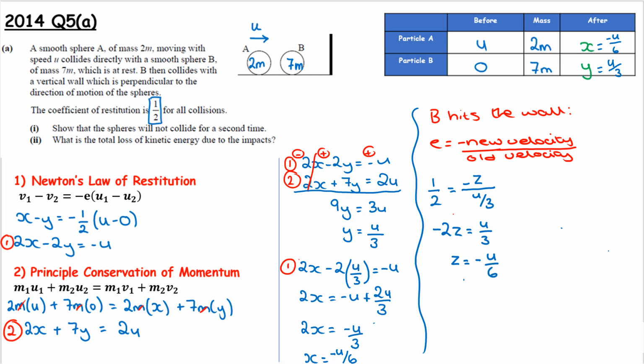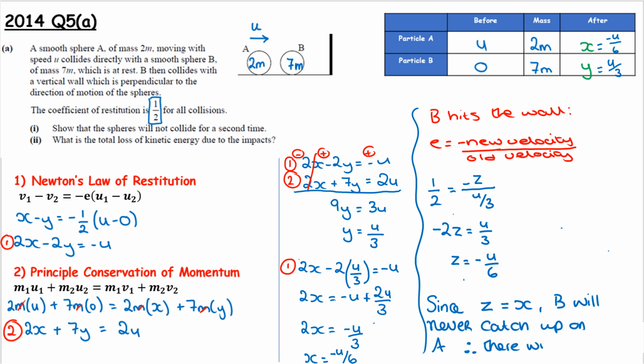So that is the fact that B, after hitting the wall, is moving now to the left. The reason they're not going to collide, since z is equal to x, B will never catch up on A. Because they're travelling at the same speed. Therefore, there will be no further collisions.